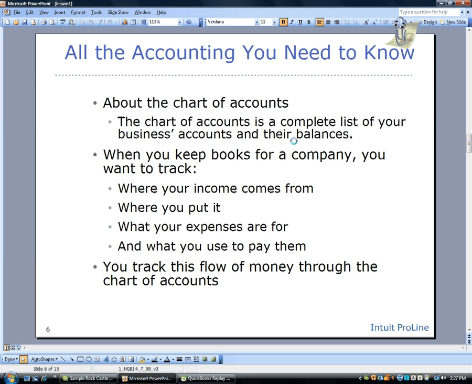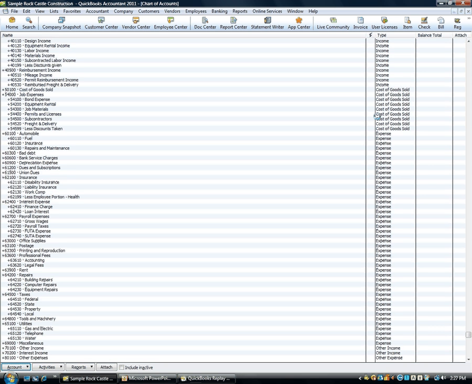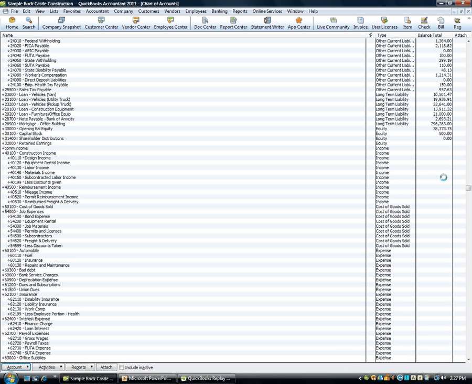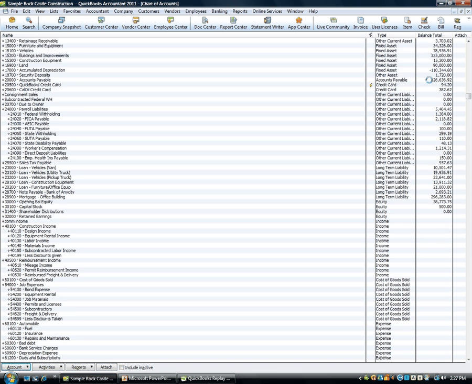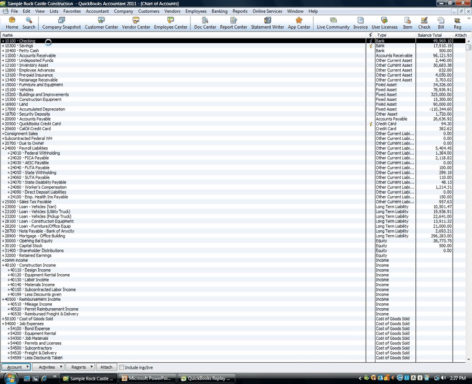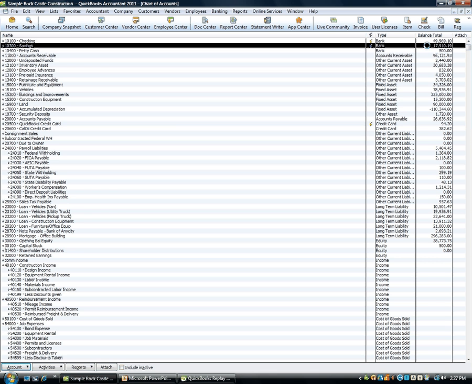Okay, so it's a complete list of all your business accounts and their balances. So the balance in our sample company's checking account is $49,969.10. And this information would also reflect on your balance sheet report.